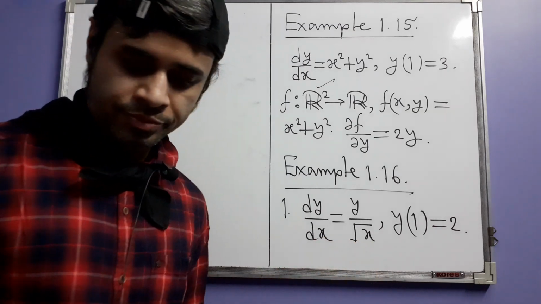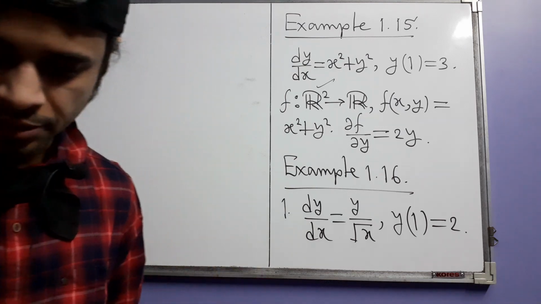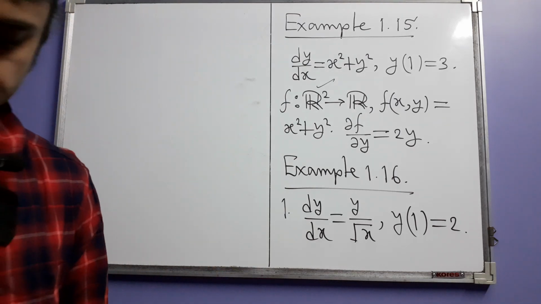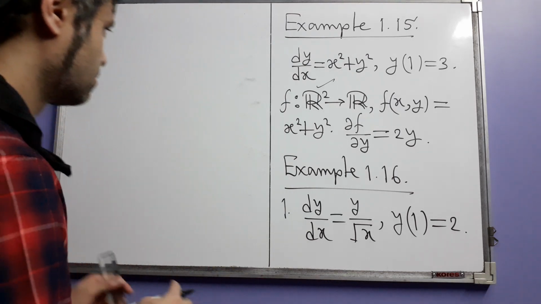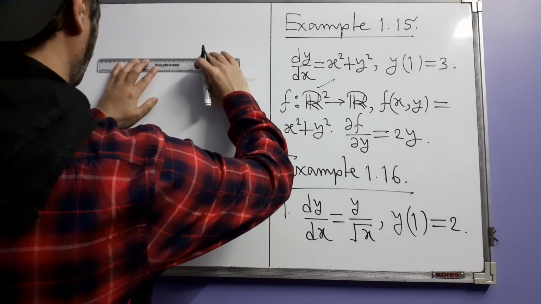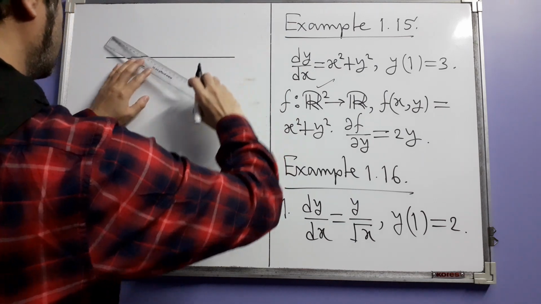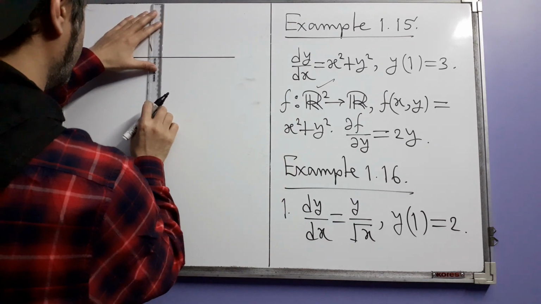We need to see what type of function this is as a function of x and y. So, this is our plane R2.